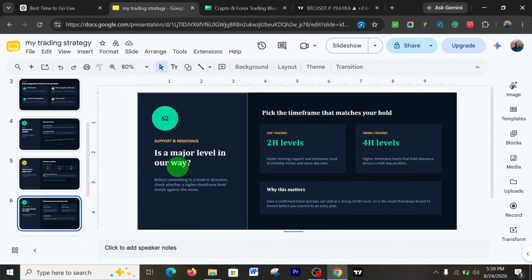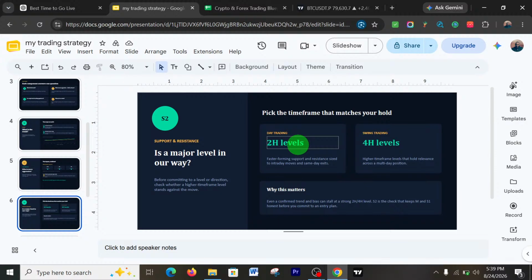Then, is there a major level in our way? Before committing to a level or direction, check whether a higher time frame level stands against the move. So if your entry is 15 minutes, which is your entry time frame, you want to check 2 hours. If you're going long, you want to check if there's a major resistance above.